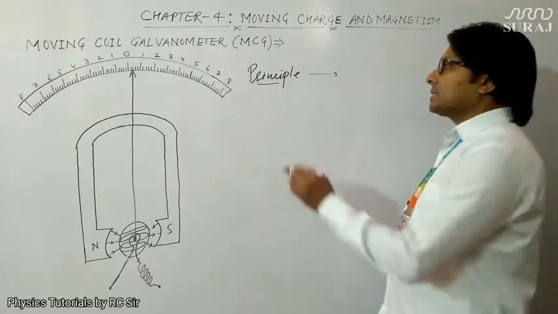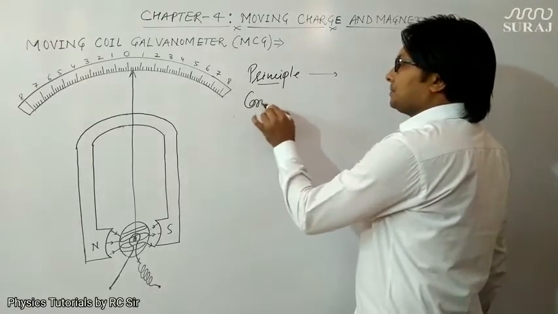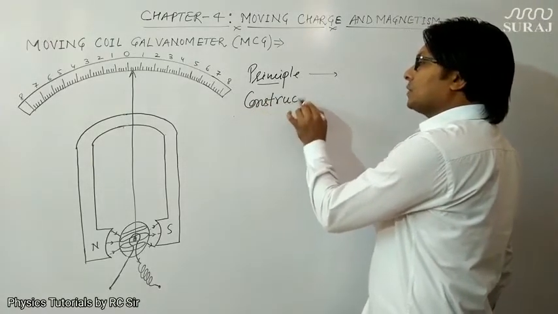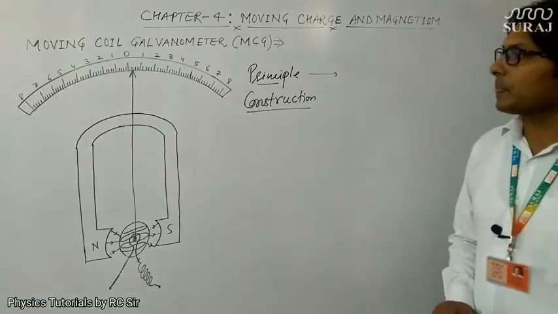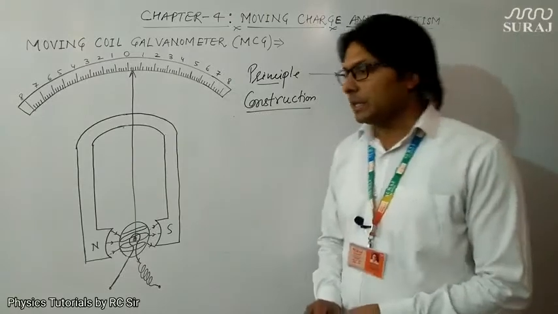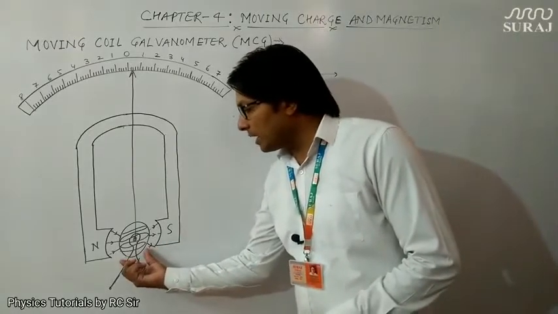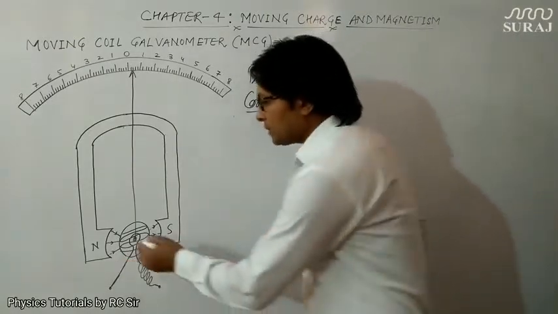Next comes its construction. The moving coil galvanometer consists of a coil which is wound on this metallic frame.